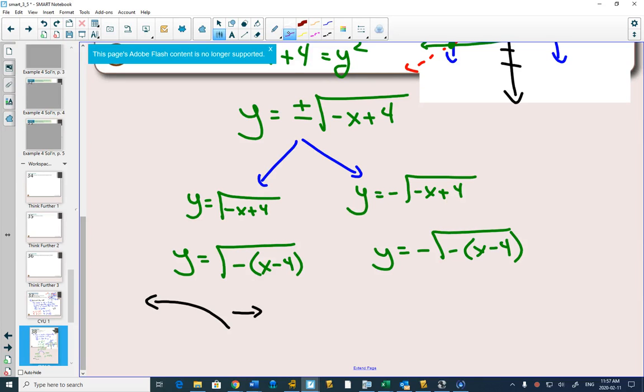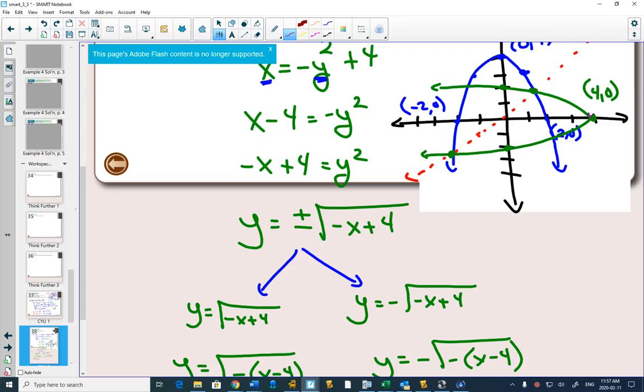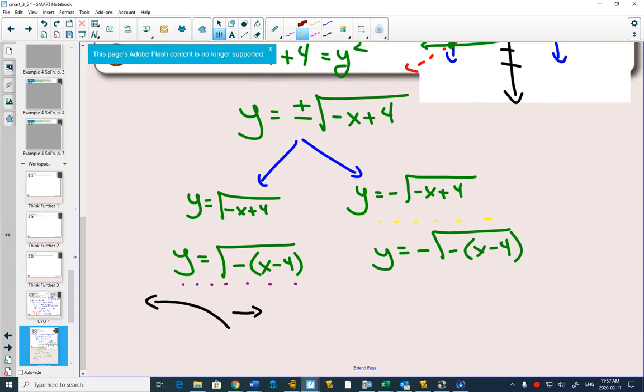I'm going to put purple dots under this half. And I'm going to put purple dots on the top part. Can you see that that's that graph flipped over, moved 4 to the right? And yellow dots on this one, because I have a vertical reflection over the x-axis.